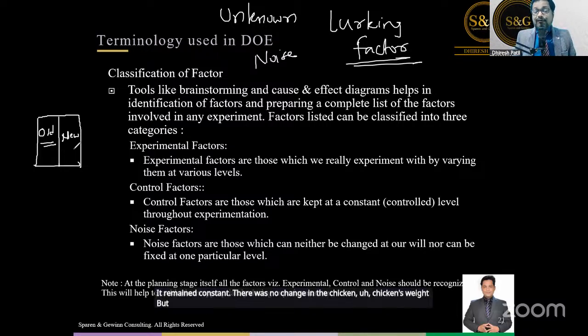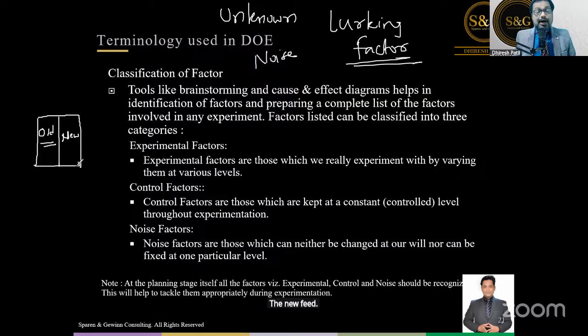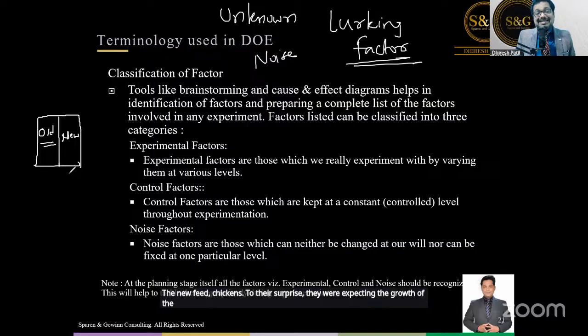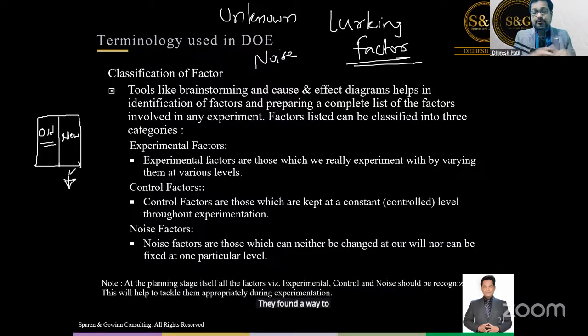But when they weighed the new feed chickens, to their surprise, instead of the growth they expected, they found the weight had reduced. ओके, तो उन्होंने देखा कि वेट कम हो चुका था, instead of going up.